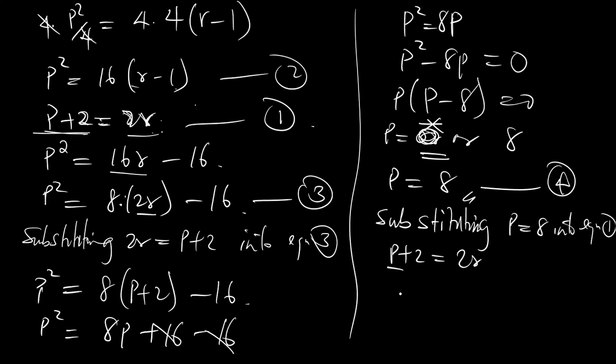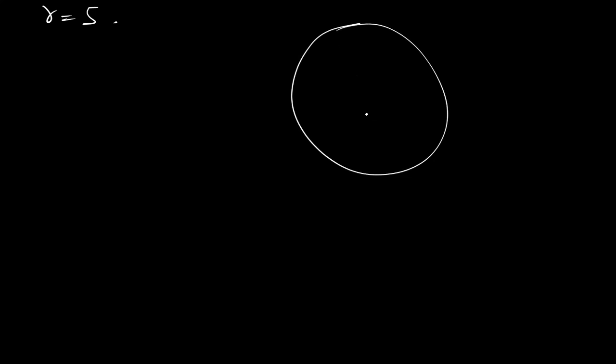So if you replace P here with 8, you have 8 plus 2 is equal to 2R. It then means that 2R is equal to what? 10. Divide both sides by 2. We now have our R to be equal to what? 5. Now the circle is of radius 5.